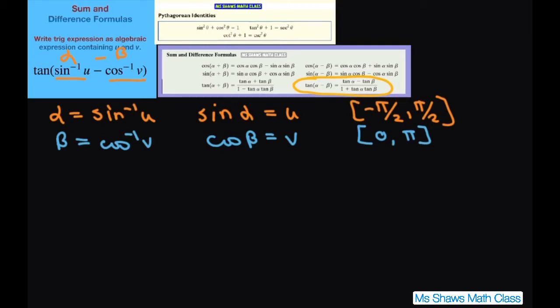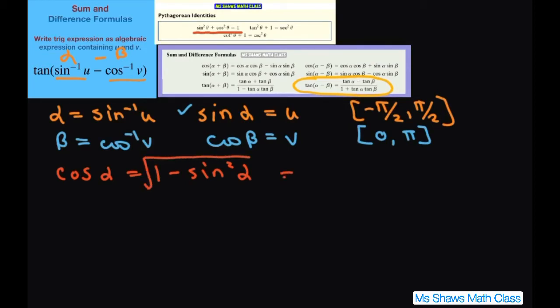Let's also find cosine of alpha. I'm going to use my Pythagorean identities: cosine squared of alpha is 1 minus sine squared of alpha. If you square root both sides, you just get the square root of this.